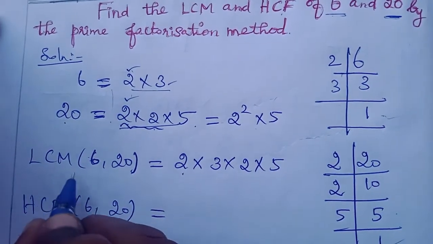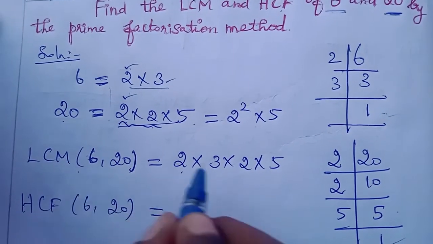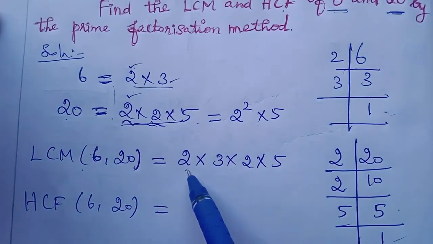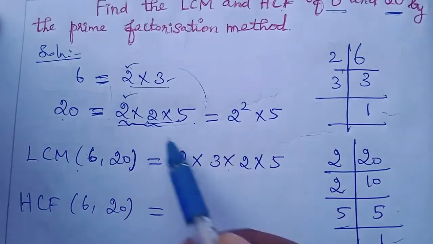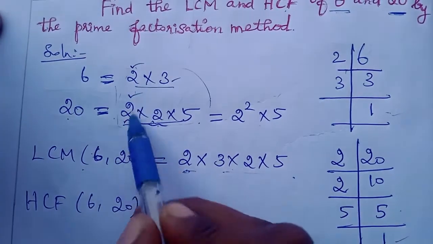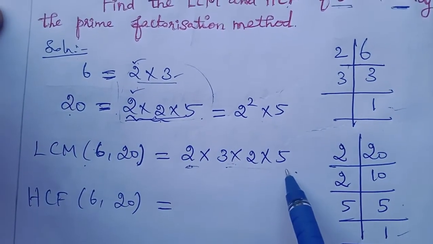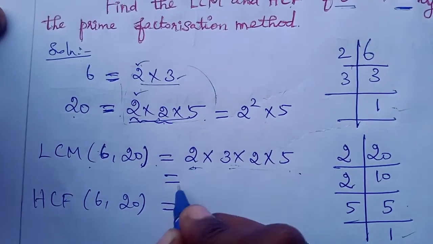These are the LCM. LCM means least common multiple. First you have to write the numbers that are common, I mean the same. That number you should write first, and then the remaining numbers, all of them. These two only I have written for the common, right? So the remaining 3, 2, 5, that only I have written here. Okay, this is LCM. You just multiply this and then write the answer.